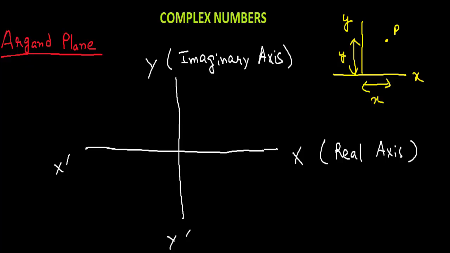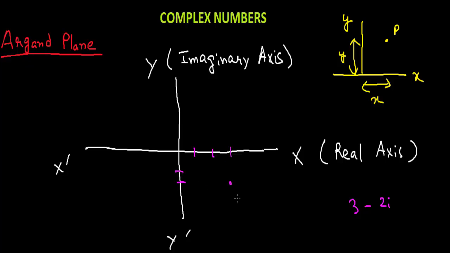Okay, so now suppose you want to denote a complex number like 3 minus 2i. For that we need to travel 3 distance here, and negative 2, so 1, 2, 3 and 1, 2.